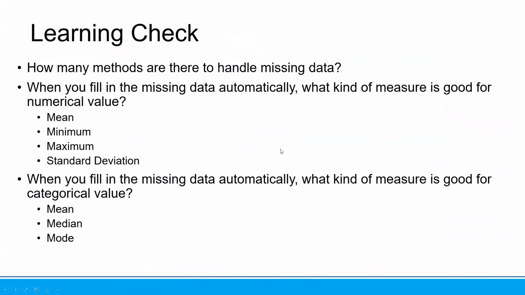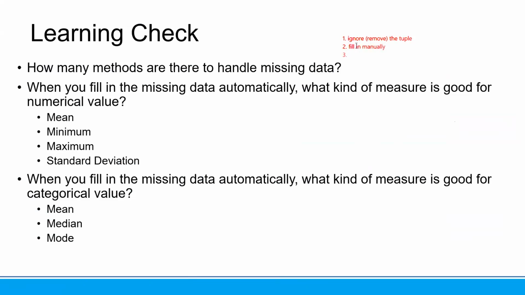So you already learned here: how many methods are there to handle the missing data? Yes, 3. The first is to ignore or remove the tuple. Second, to fill in manually.